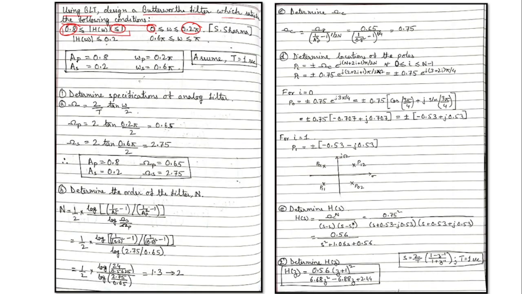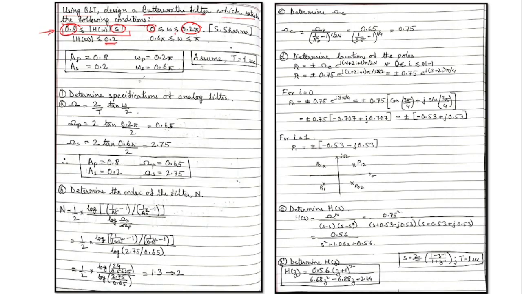That means in the range of 0 to 0.2 pi, we have the pass band, because the modulus of H(omega) is less than or equal to 0.2 in the other part, so the amplitude is much smaller than in the previous part.